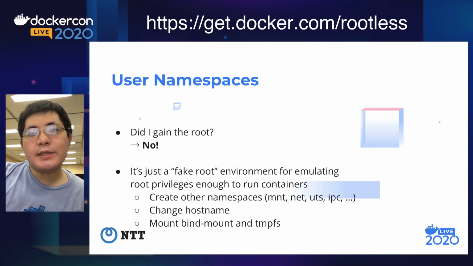So we didn't gain the root privileges, but we are faking the environment for emulating root privileges that are enough to run containers. So with user namespaces, we can create other namespaces such as mount namespace, network namespace, UTS namespace, and IPC namespace. And we can do some operations like changing host name or mounting bind mount file systems.